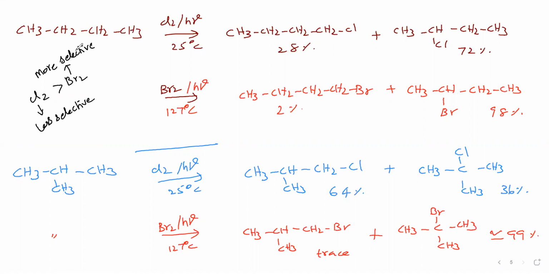Okay. Next, we will take the compound CH3CH2CH2CH2Cl. We have taken 1-chlorobutane.